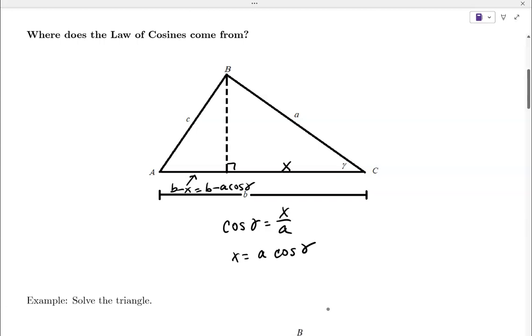We agree with that? Likewise, I could find this side as well.